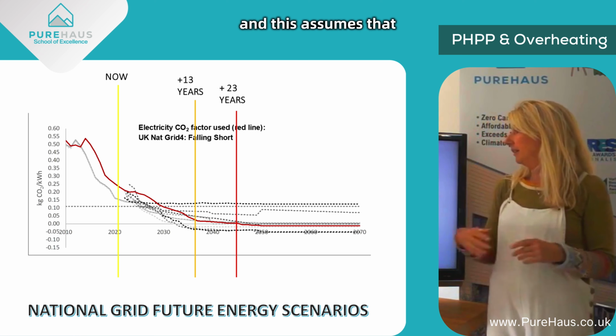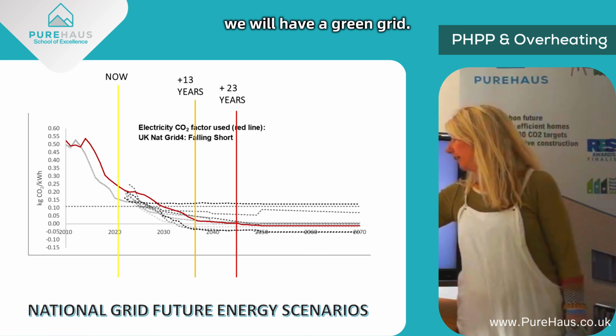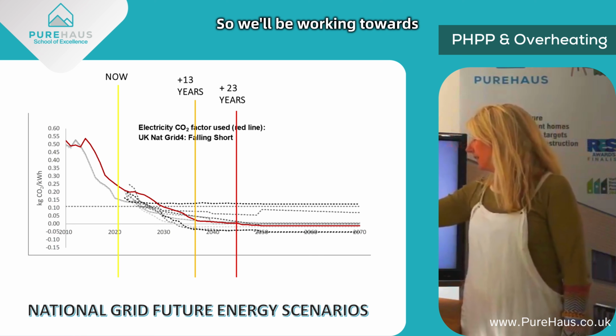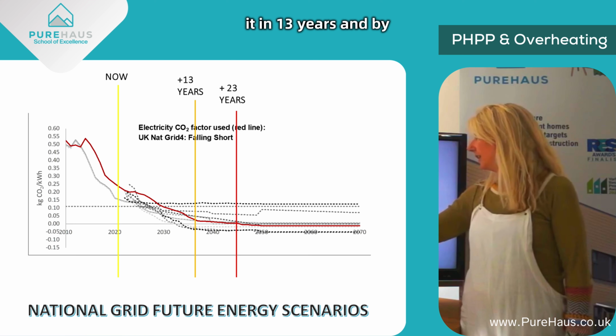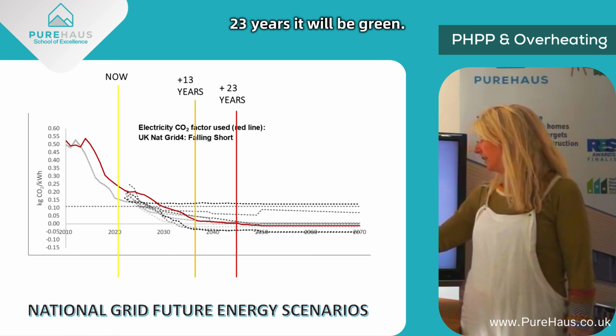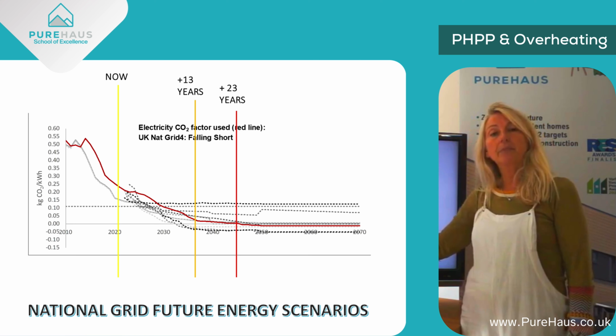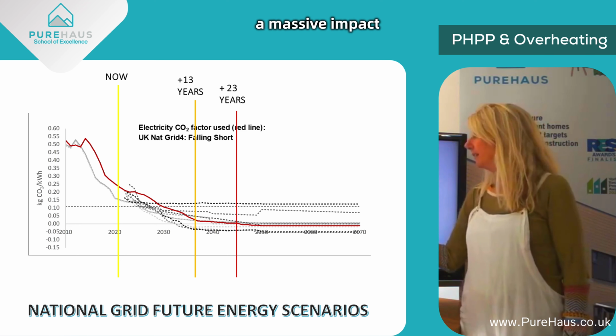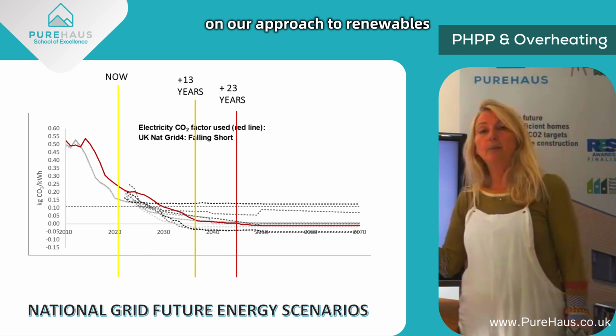And this assumes that we will have a green grid. So we'll be working towards it in 13 years, and by 23 years, it will be green. Of course, this has a massive impact on our approach to renewables.